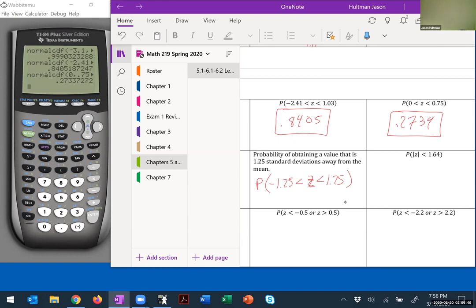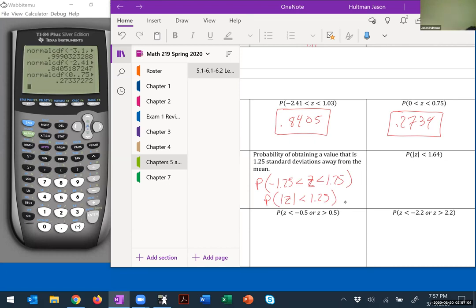Or the way it's written algebraically is the absolute value of z is less than 1.25. That's a more sophisticated way of writing it, but the top one means the same thing.